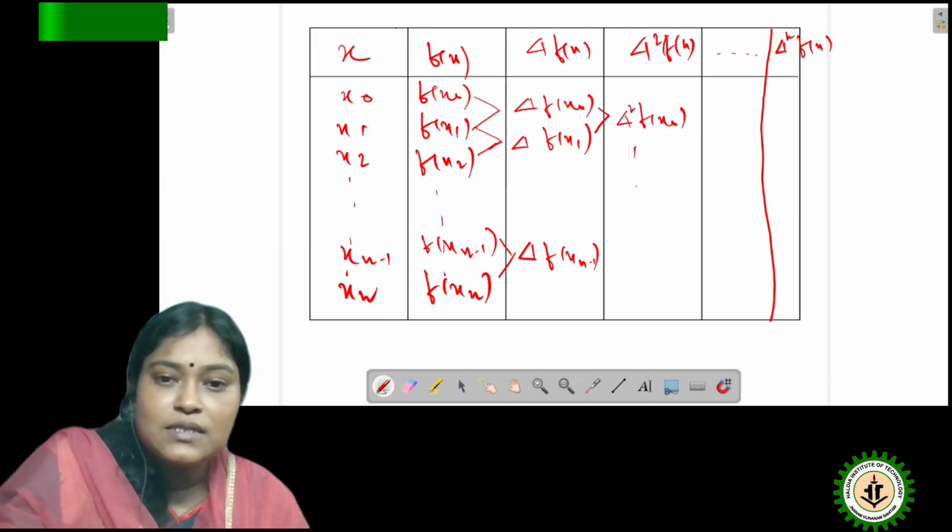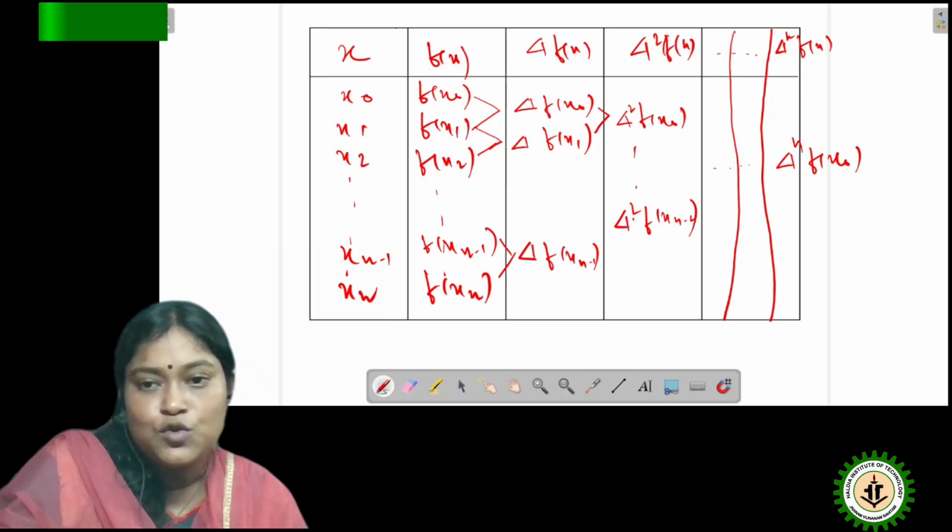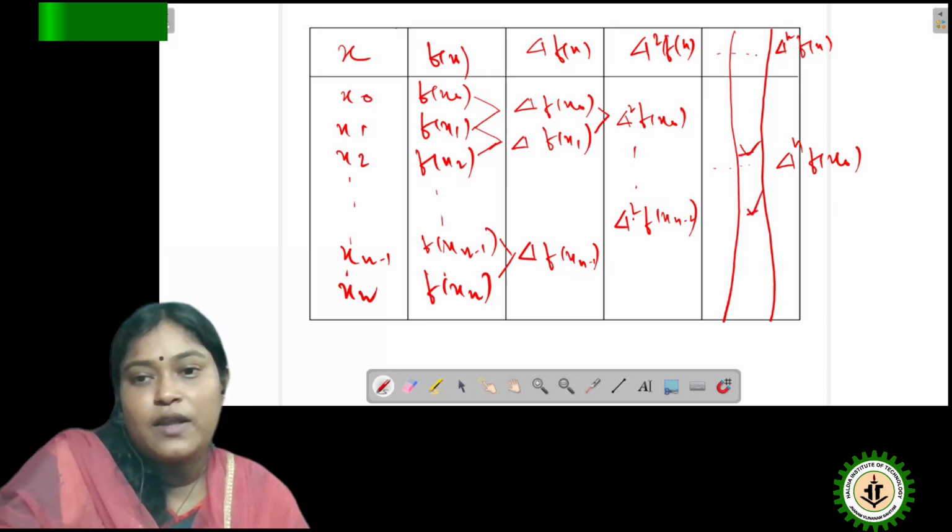In this way, at last, I will go to delta square f of x n minus 2, and finally I will get delta n f of x naught. This value I will get from the previous column: we have two values, and the second minus the first will give this value.